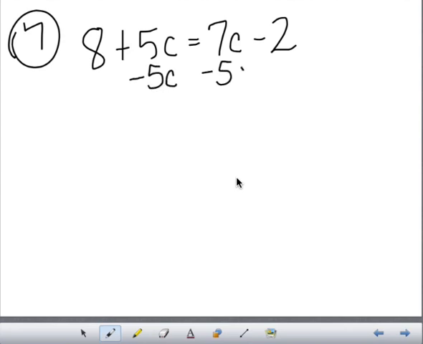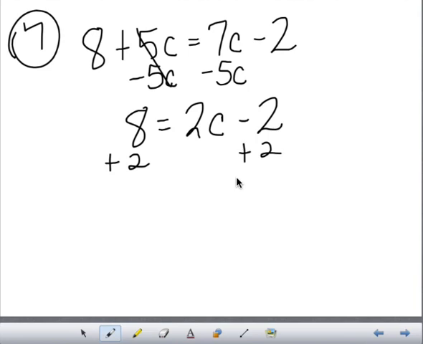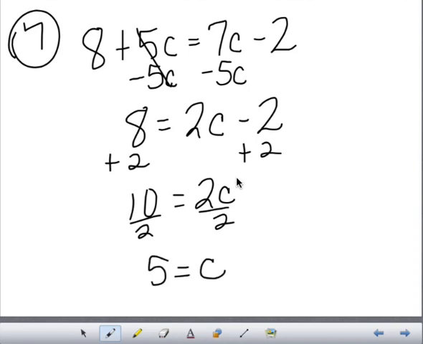It doesn't really matter. You could subtract 7c. I just like to keep it positive if I can. So 8 is equal to 2c minus 2. Now I'm going to add 2 to both sides. So 10 is equal to 2c. Divide by 2. And 5 is equal to c.